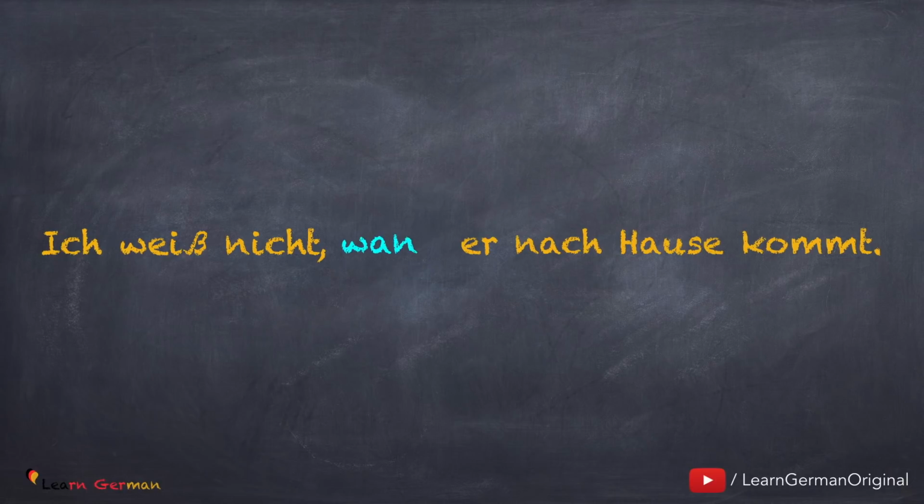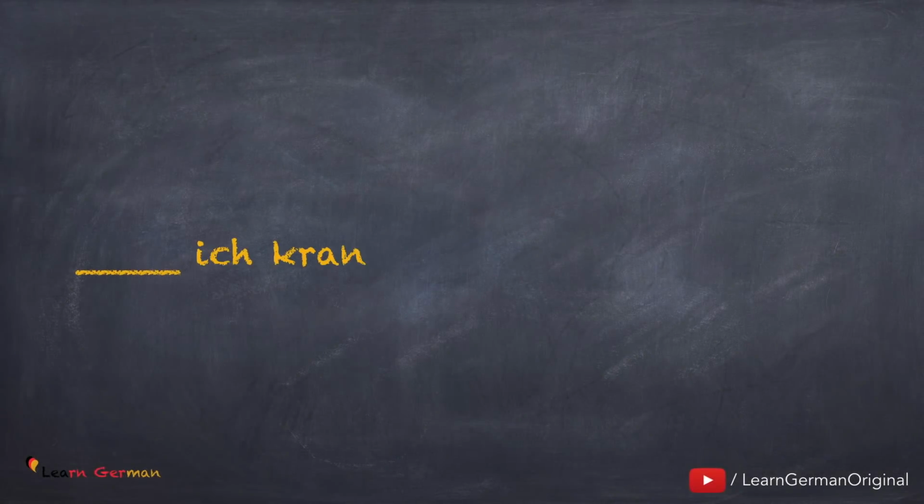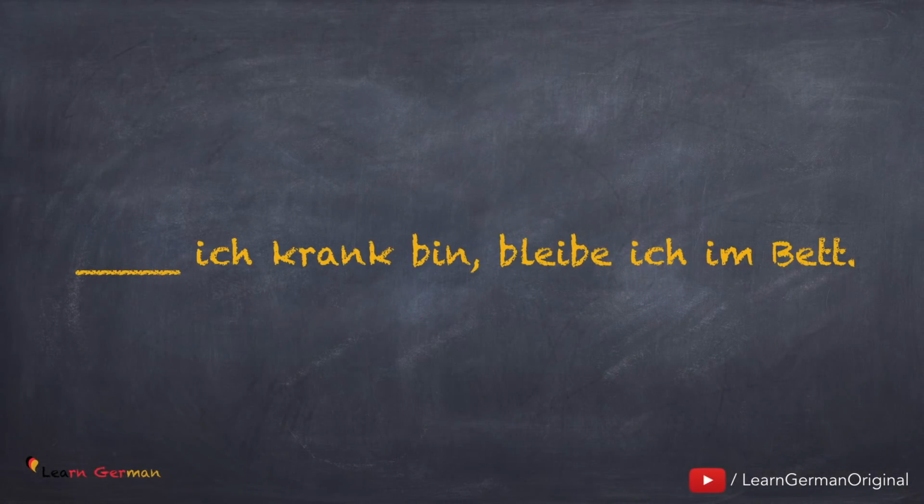Your answer should be: Ich weiß nicht, wann er nach Hause kommt. Here again, we are talking about a specific time. Hence, you would use wann. And here's the last one. And your answer should be: Wenn ich krank bin, bleibe ich im Bett.